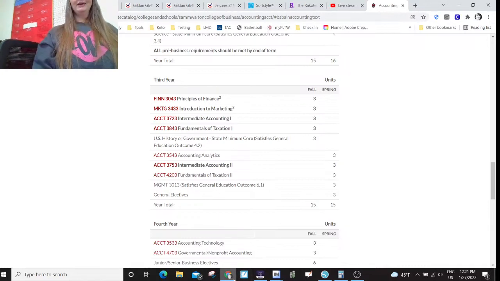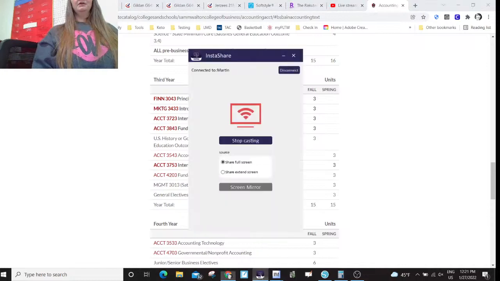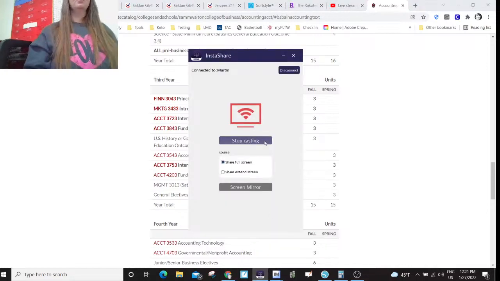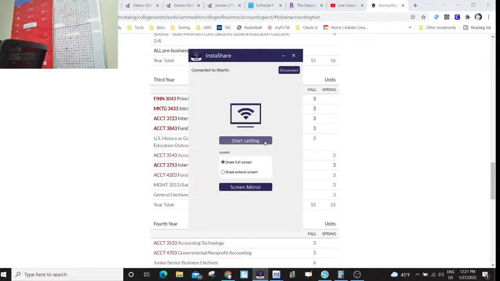So one thing you have to know about college courses, especially college algebra. If you're going to take college algebra, you have to have a 19 in reading and a 19 in math. Okay? You cannot take college algebra until after Algebra 2.